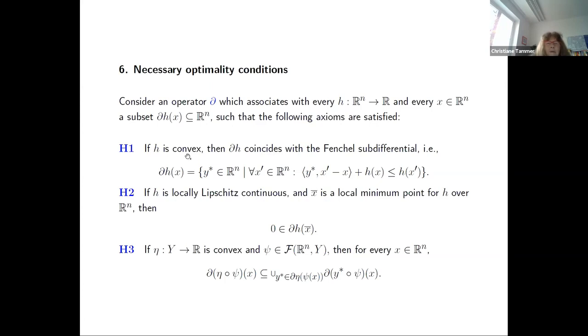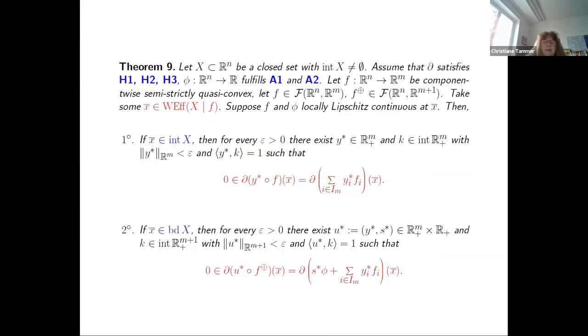In the case of a convex function H, this operator coincides with the subdifferential in the sense of convex analysis. Furthermore, under locally Lipschitz conditions, and in the case that x bar is a local minimum of H over R^n, we have this necessary optimality condition. And furthermore, we have here a chain rule that we need for deriving our optimality conditions.